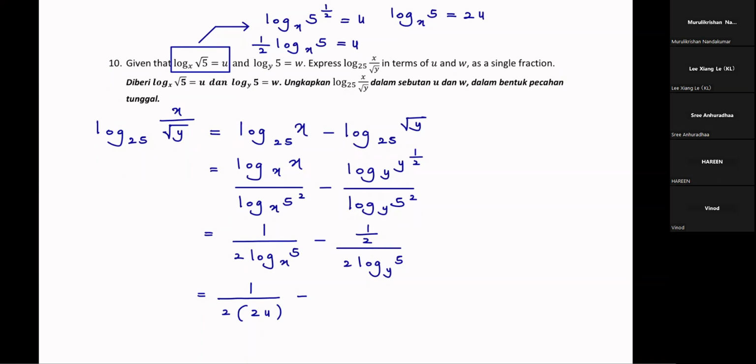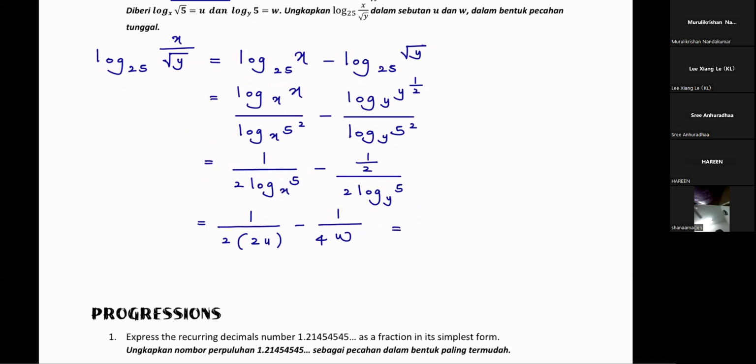Semua tekan calculator. 1 over 2 divided by 2 is 1 over 4, right? 1 over 4. So 1 dekat atas, 4 dekat bawah. And log y5 is w. So habis saya jawapan. Sudah dapat. So 1 over 4u minus 1 over 4w.